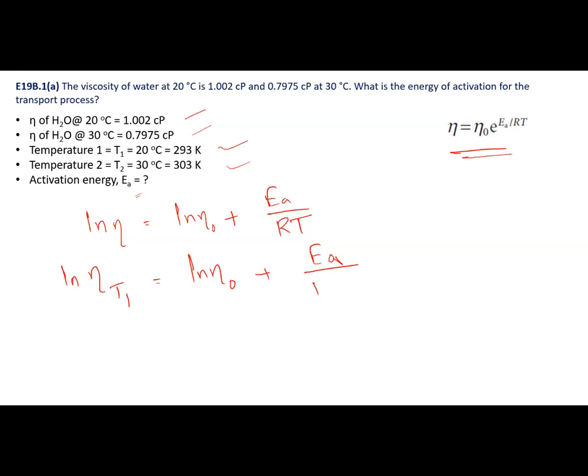Let's say this is equation 1, and the second equation is ln eta sub T2 is equal to ln eta naught plus EA over RT2.